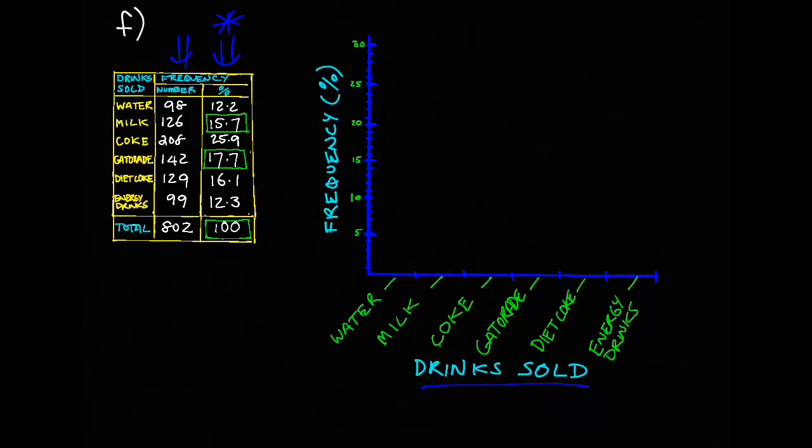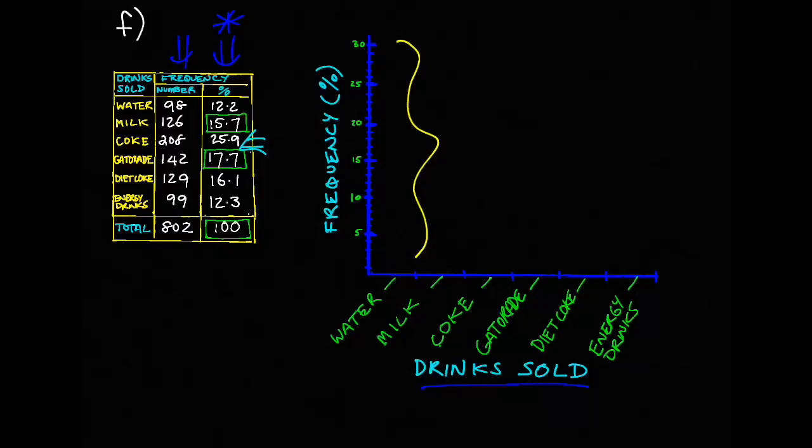The trick with this is working out how to divide this axis up. And what we use is our minimum and maximums. So if we have a look at the frequency table, what's the largest value? We've got 25.9 here as the maximum, and the smallest is 12.2.